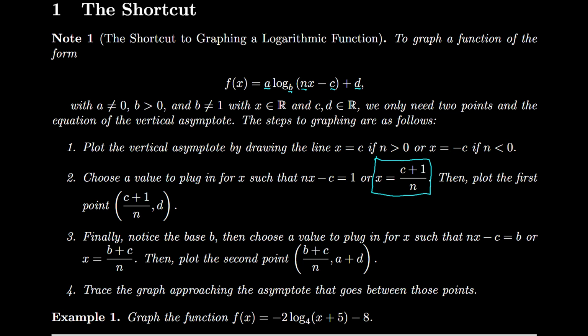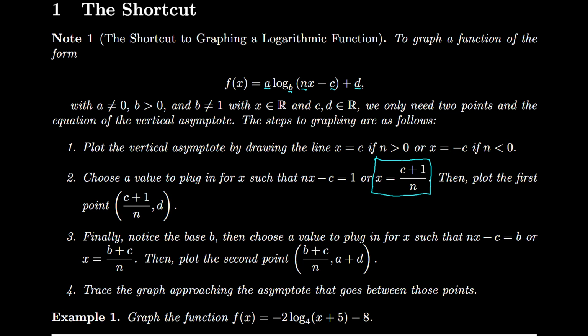Remember, when we were doing those number lines, when I was explaining this one video ago, you start at 1. 0 steps at 1. That's where the number line started. So, of course, you get 0 for the log base b thing, a times 0 is 0, and the only thing that's left is d. So there's d. You could have said f of c plus 1 over n, it's just that it's always d, so I left it that way.